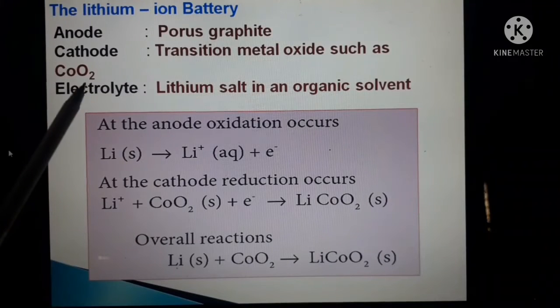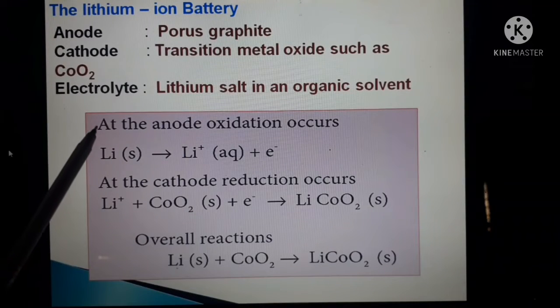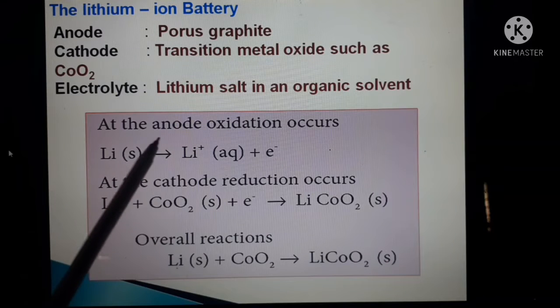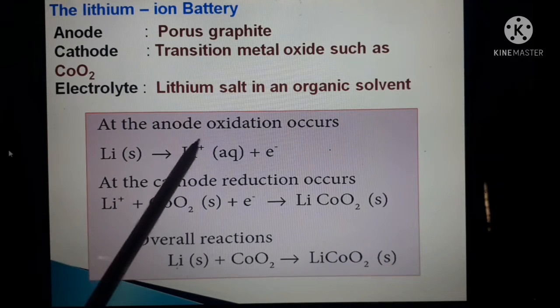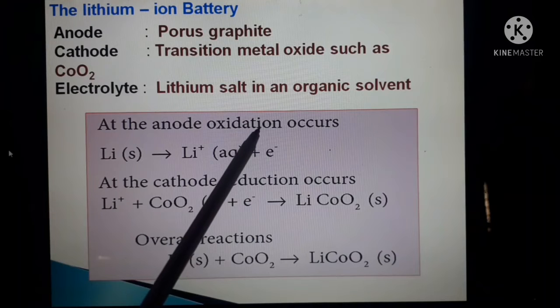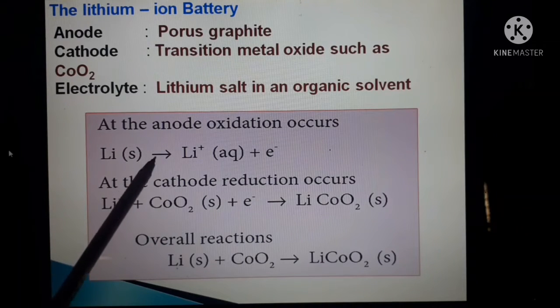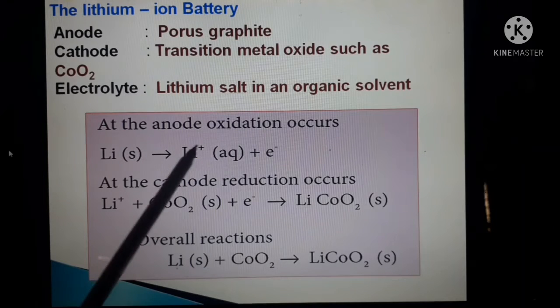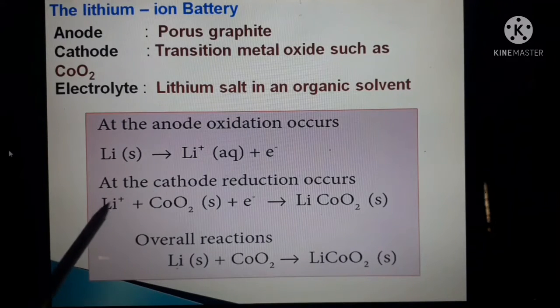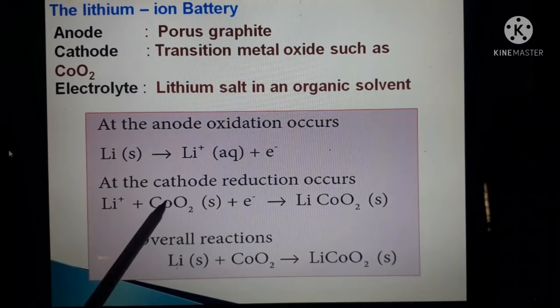Here anode and cathode reactions are there. Lithium metal splits into lithium positive ion and an electron, one electron released. Next, these two, the lithium ion and the electron, combine with cobalt oxide in the cathode.